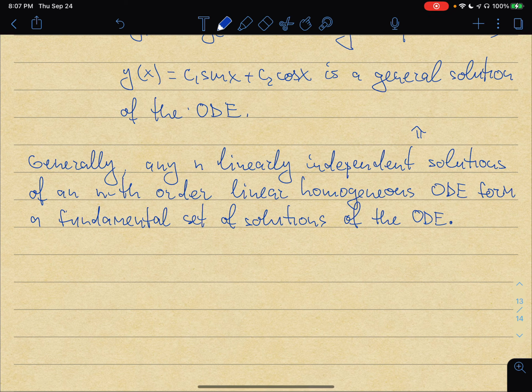So therefore, for example, here, sine x and cosine x form a fundamental set of solutions of the ODE.